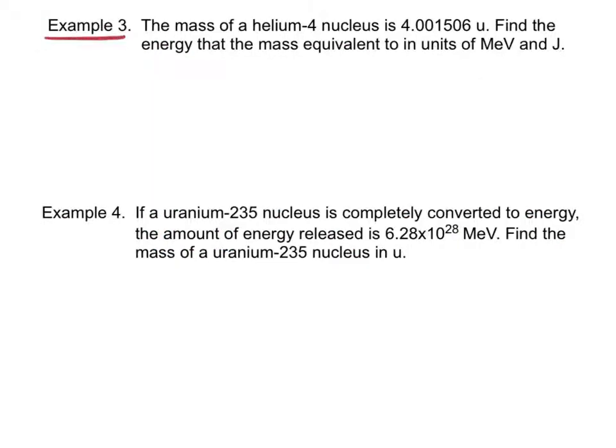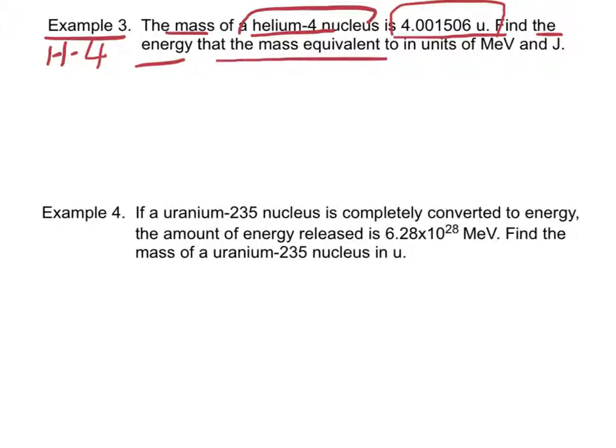Example 3. The mass of a helium-4 nucleus is 4.001506 U. Find the energy that the mass is equivalent to in units of MeV and joules.